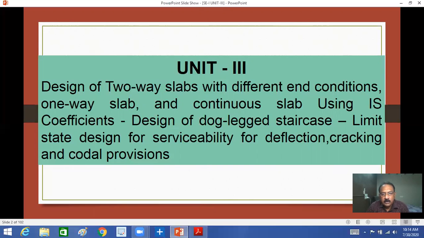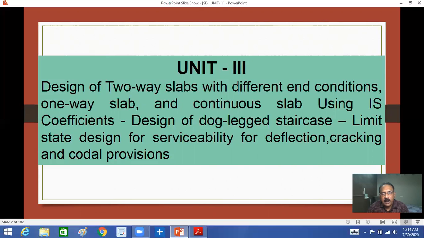In your house or your institution, we have a dog-leg staircase, that is U shape. After designing, we have to check for serviceability, for deflection, cracking, and codal provisions.